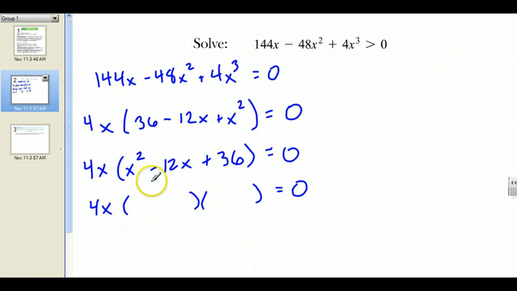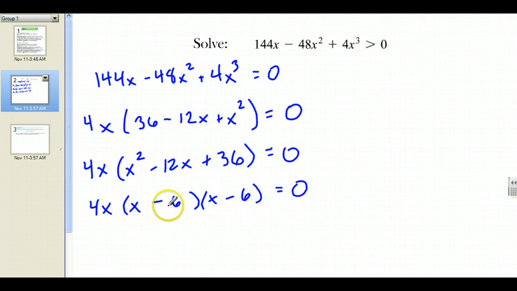It's important to be accurate. Don't worry about skipping steps or extra steps. Just be accurate. Two negative numbers that multiply to 36 and add to negative 12. That's going to be 6 and 6.